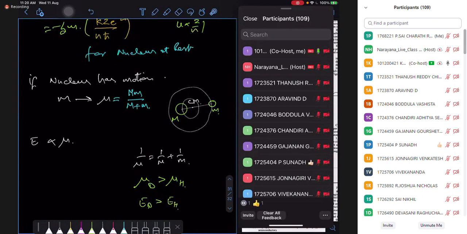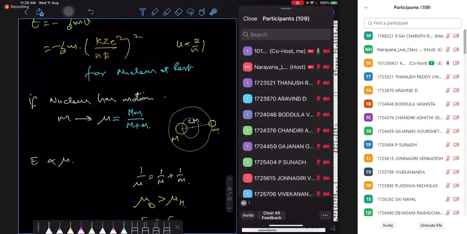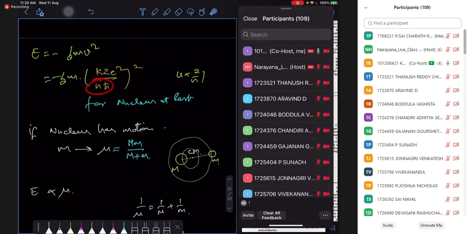Correct? So I hope you understand here the effect of the nucleus. We can prove it, but without proof, for the time being, you can consider the nucleus has motion, and simply replace the mass of the electron with the reduced mass. So along with the Z factor, n remains the same, Z remains the same for hydrogen and deuterium.